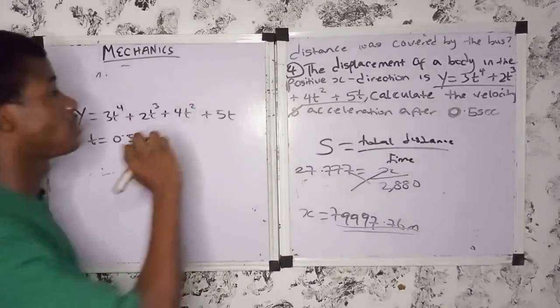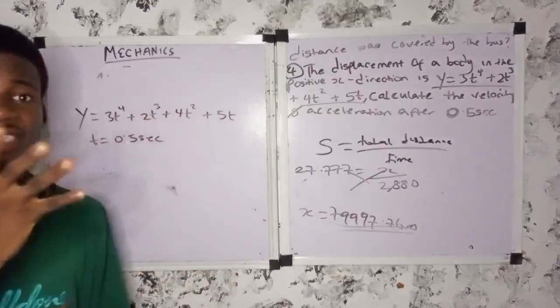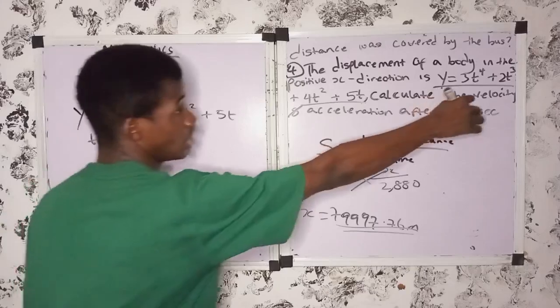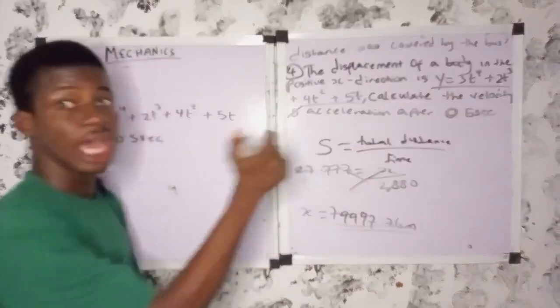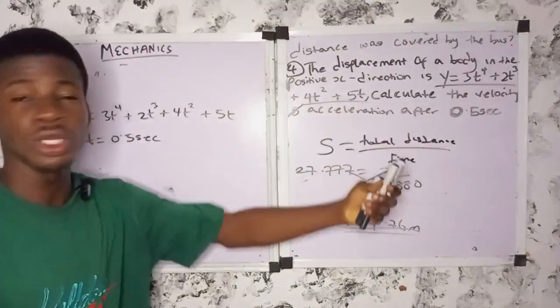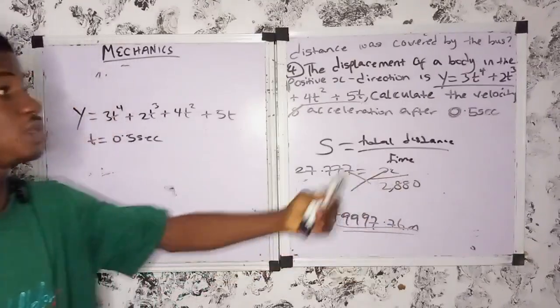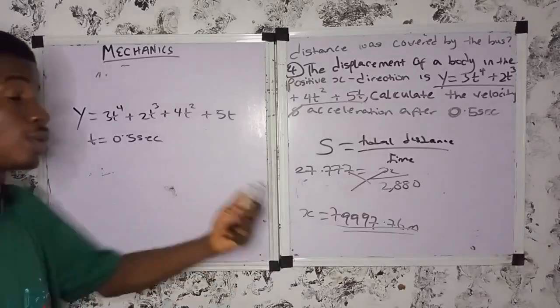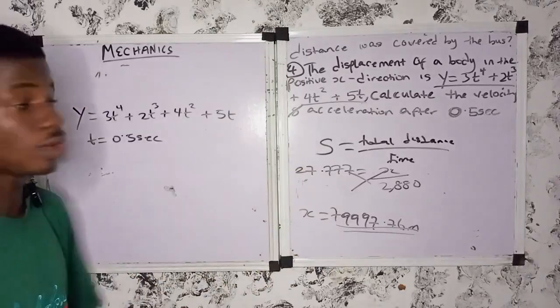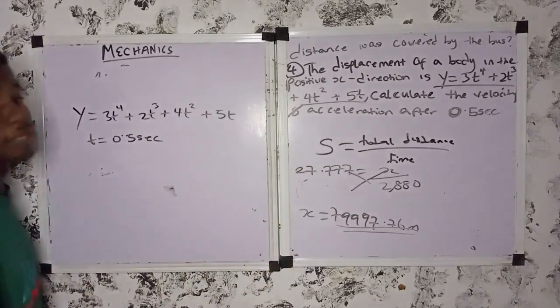Now this type of calculation is way different from the rest. This calculation is under instantaneous velocity as well as instantaneous acceleration. To solve questions under this, we are going to use calculus, specifically differentiation, specifically the power rule.